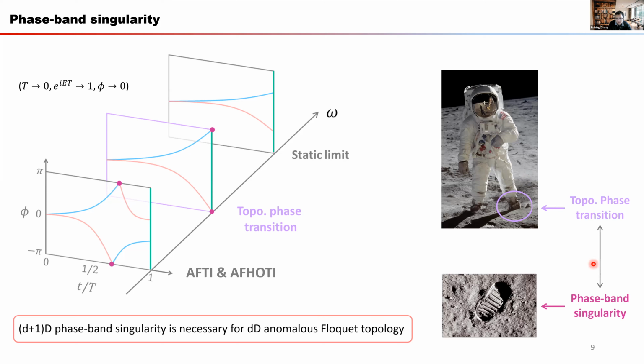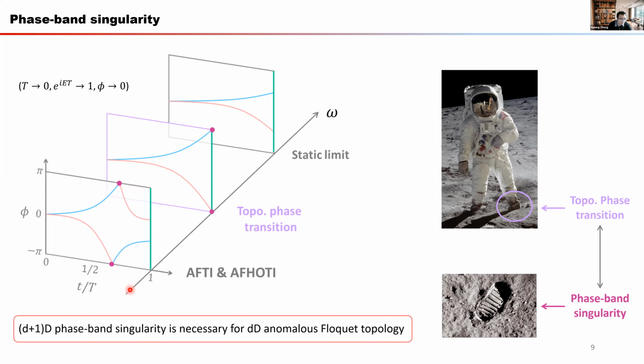This is something that we can never imagine in a static system, but in these dynamical systems, the phase band actually has a memory that can memorize the topological phase transition that actually occurred. So here is how it goes.